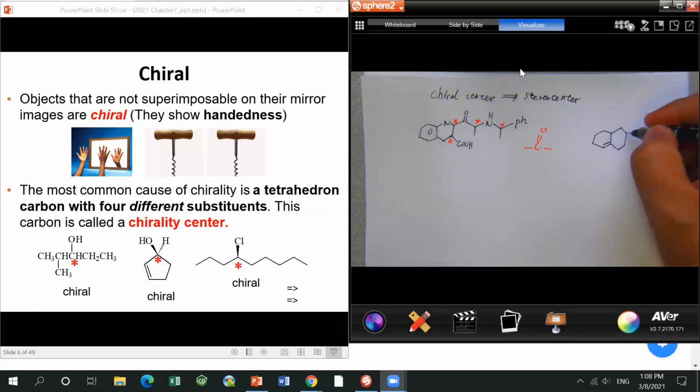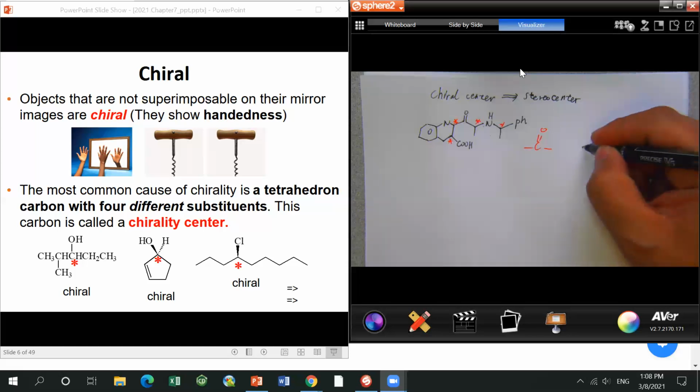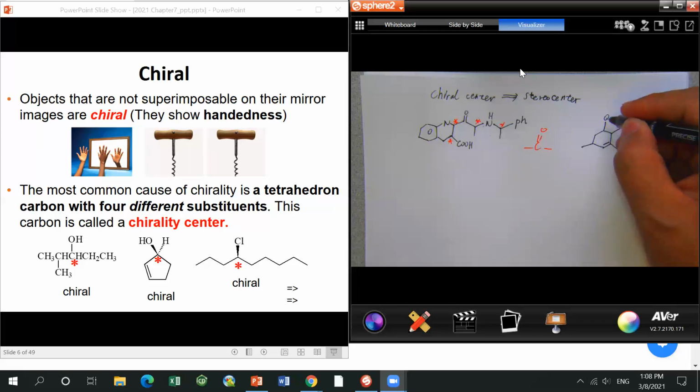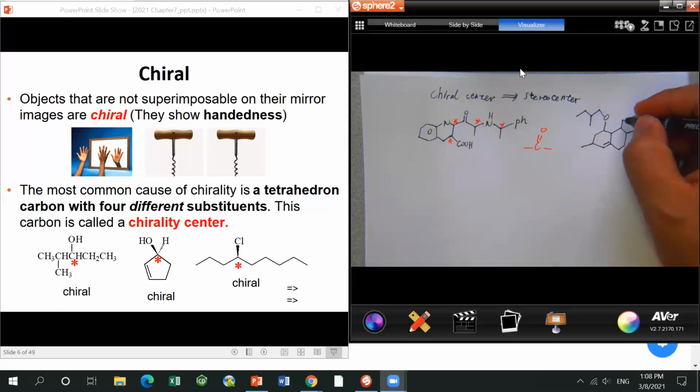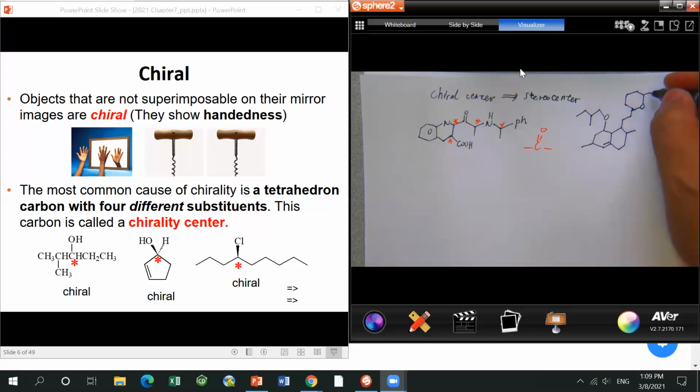There's a CC bond here. There's an ester, so yeah, a cyclic ester.